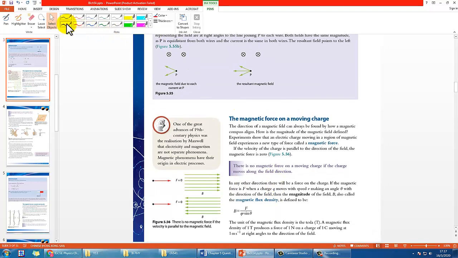For example, I can draw it here: you have some B field pointing towards the background, and let's say there's an electron going in, going to the left. This is the velocity. Think about when this electron enters the B field, this electron will change direction because there is an external B field.